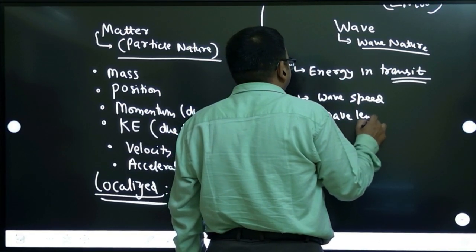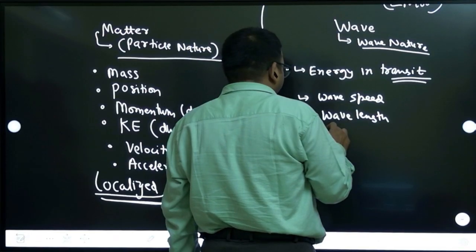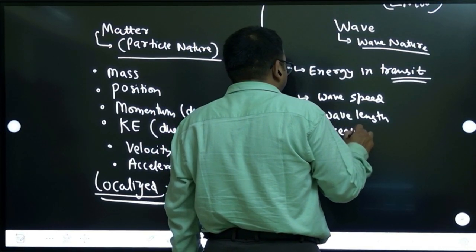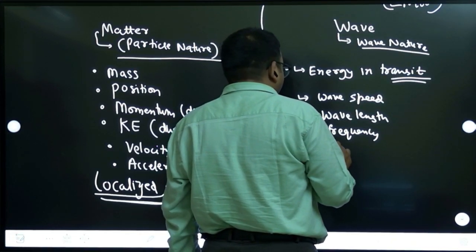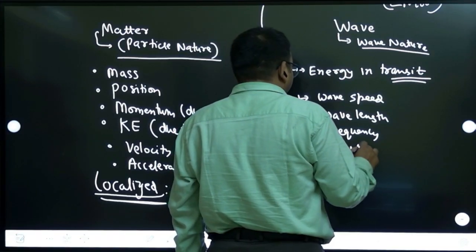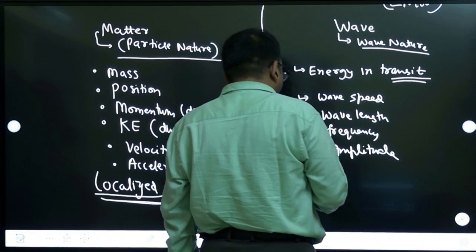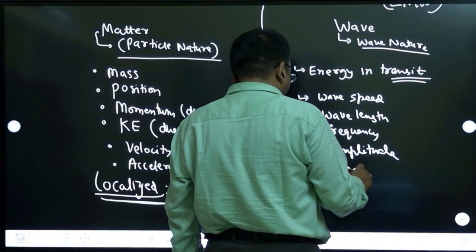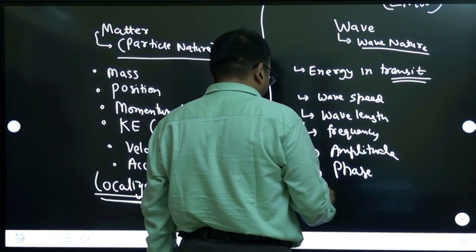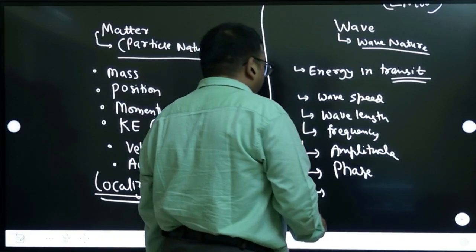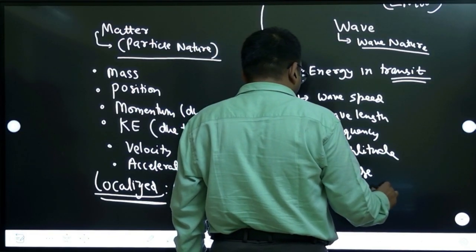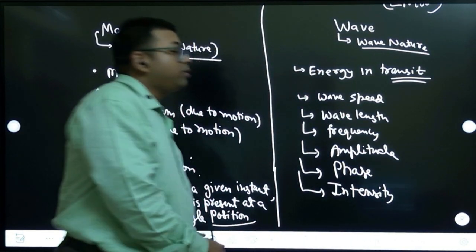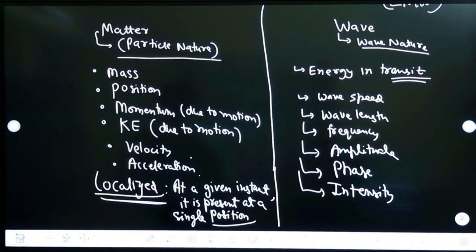Wave has frequency. Wave has amplitude. Wave has phase. Wave has intensity. These are some of the ideas behind waves. Waves have all these features.